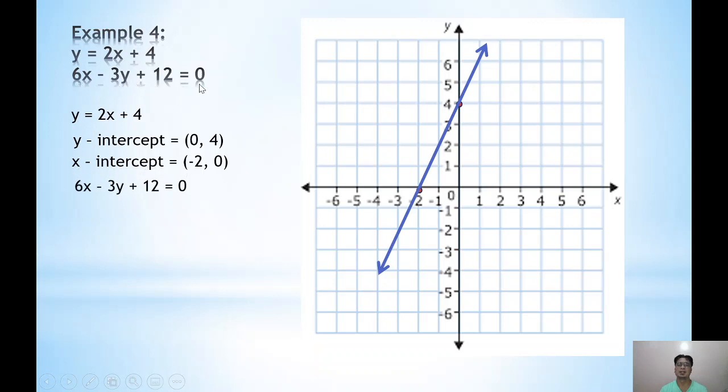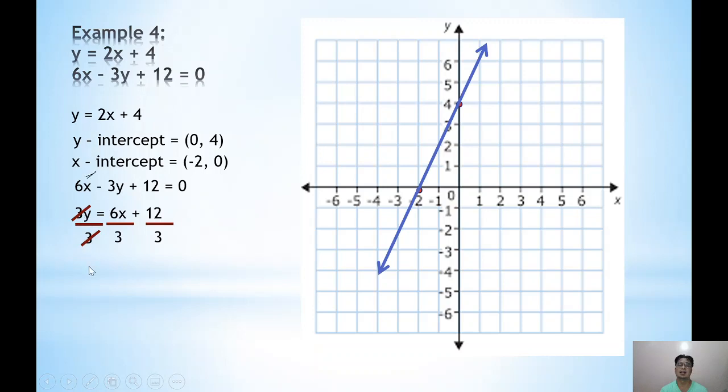Ang gawin natin dito, let's change this to slope-intercept form para mas mabilis. Ayun, yung 3y, inilipat lang natin sa kabila, 6x at saka positive 12. Yung 3y ang inilipat. Divide natin sila sa 3 para ang matitira na lang, y.